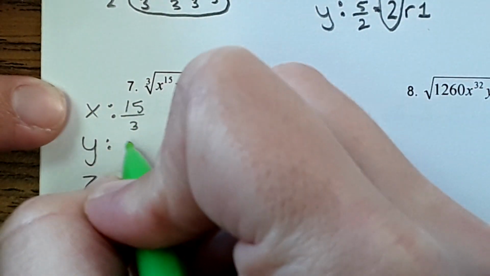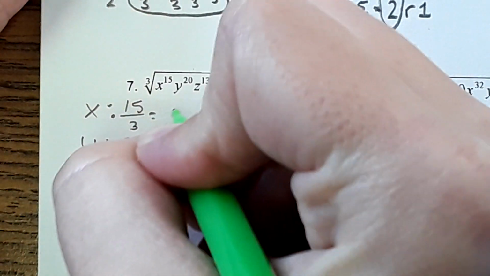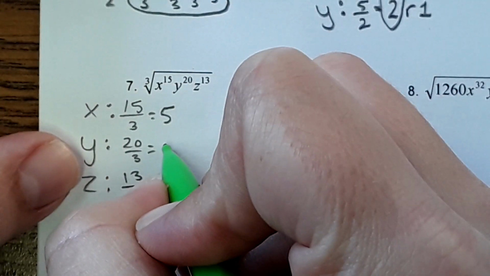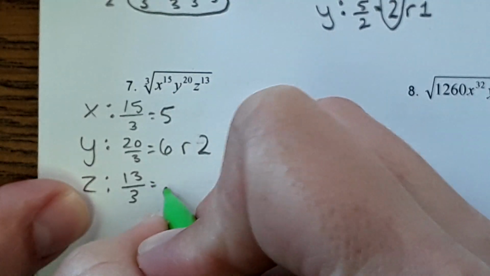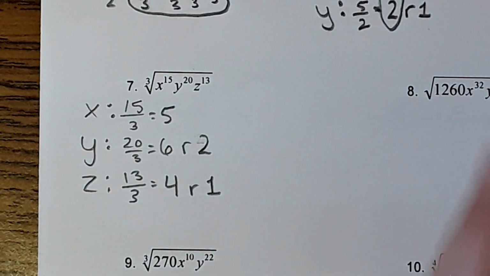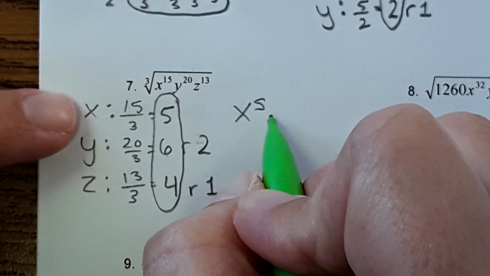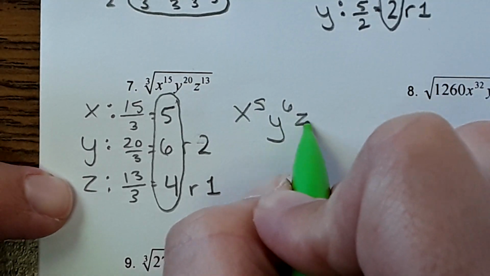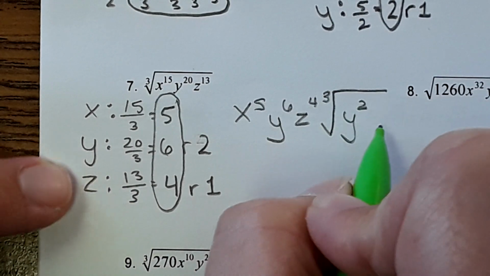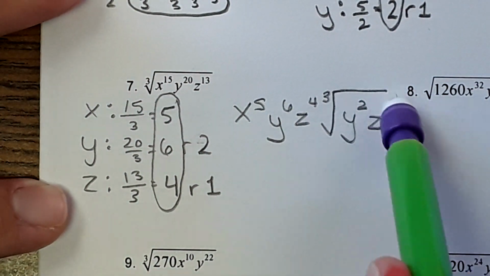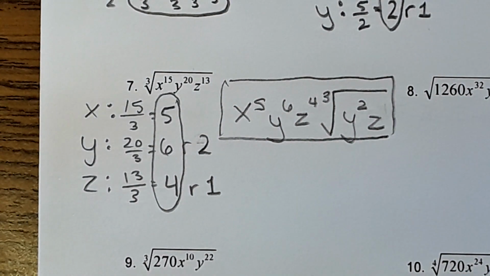Then we'll just do 15 over 3, 20 over 3, and 13 over 3. Actually, this isn't too bad.